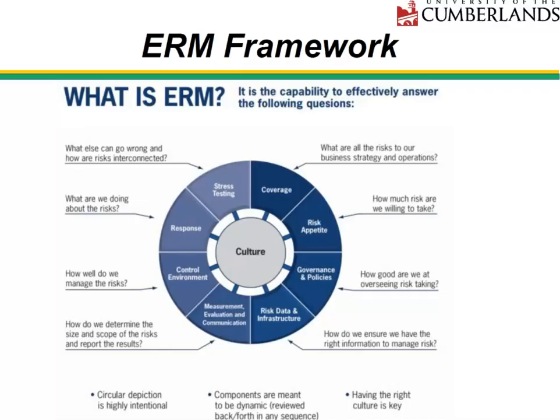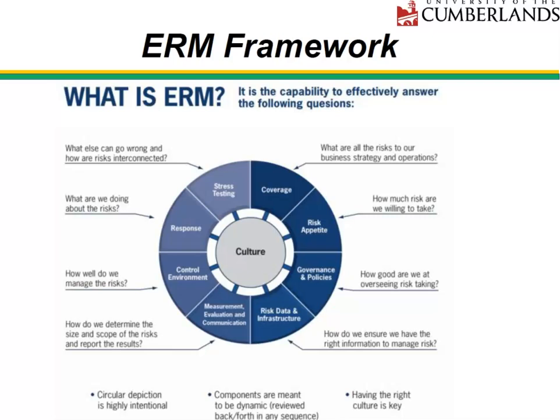Next, we ask about governance and policies. So how good are we at overseeing risk-taking? This addresses the organizational structure, the roles, and the policies that govern how risk decisions are made and monitored.